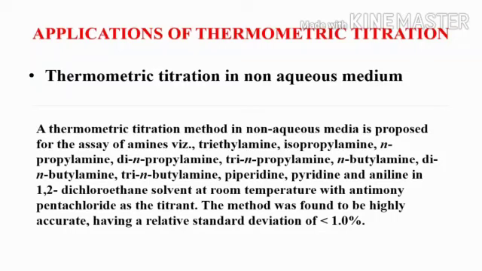For example, a thermometric titration method in non-aqueous medium is proposed for the assay of amines, that is, triethylamine, isopropylamine, N-propylamine, di-N-propylamine, tri-N-propylamine, N-butylamine, di-N-butylamine, tri-N-butylamine, piperidine, pyridine and aniline in 1,2-dichloroethane solvent at room temperature with antimony pentachloride as the titrant.